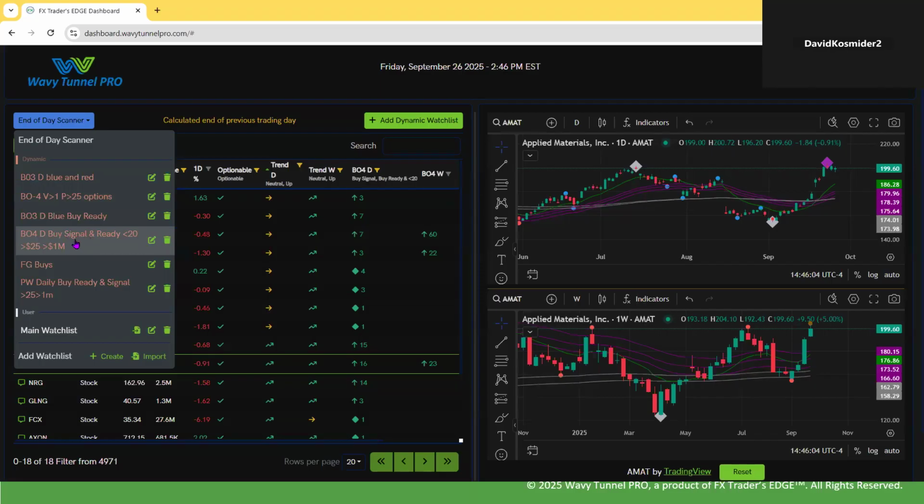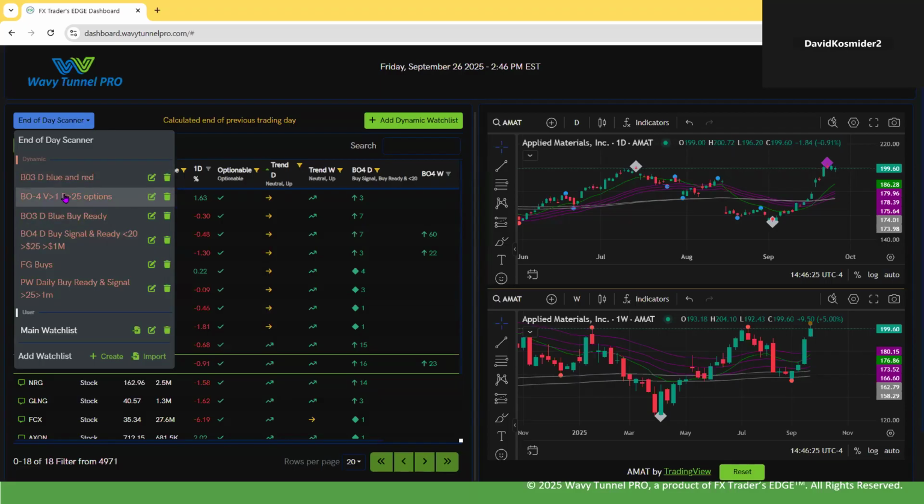Here I have volume greater than 1 million, but I think we set it up greater than 500,000. It's really your preference. So: breakout 4 daily, buy signal and ready, less than 20 candles ago, greater than $25, greater than 1 million in volume. And this is what I have coming to me.